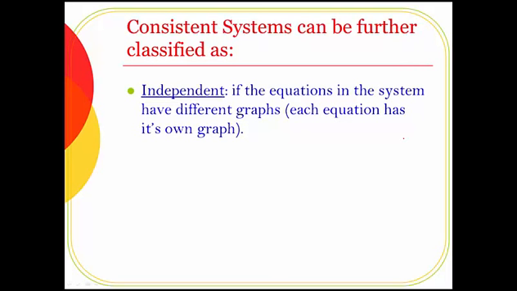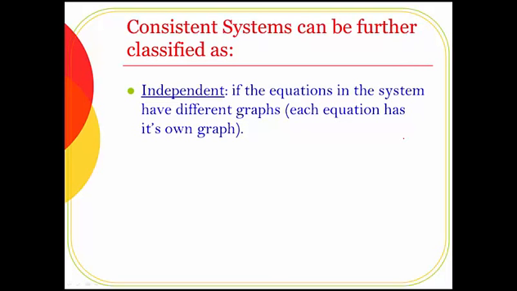Remember, a linear system is a set of linear equations, so it's more than one. We talk of a linear system as a system that has more than one equation. At least it's more than one. It starts from 2. So assuming we are looking at a 2 by 2 linear system, that means each equation has its graph.